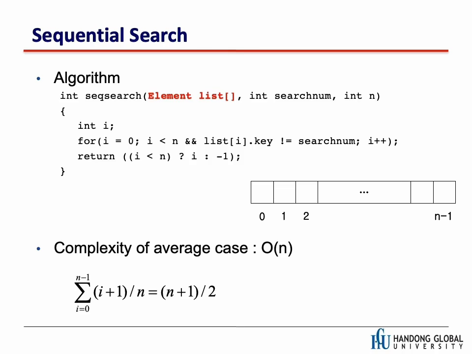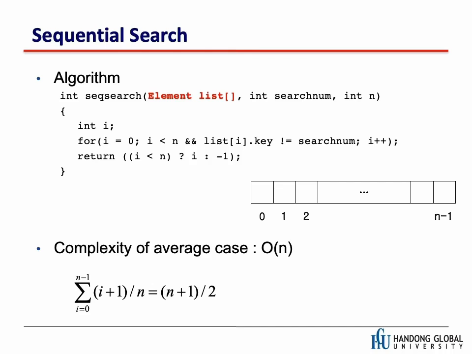Don't get confused. At the end of this for loop, we have a semicolon, so the for loop will iterate until we meet some conditions. We have a condition here: i is less than n, and list[i].key is not the same as the search number. Depending on the value of i, we can be sure whether we have the target in the array or not.